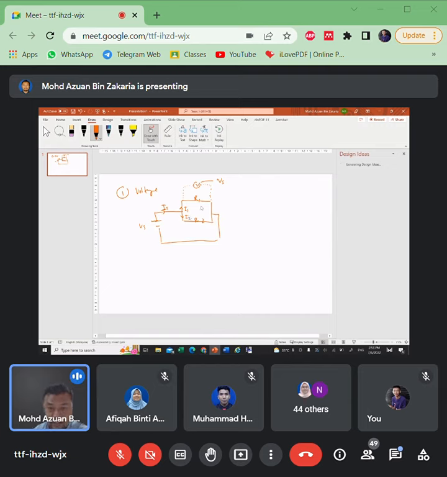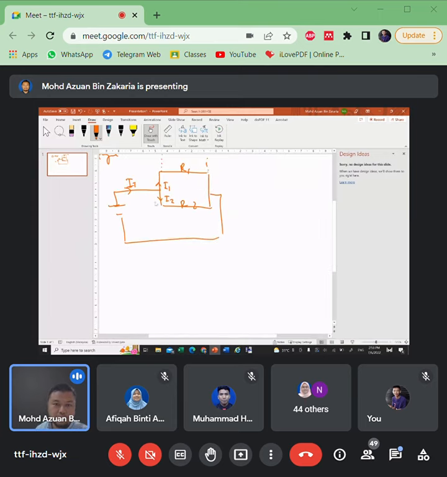If the resistance is different, the current flow to each branch also will be different. But I1 plus I2 equal to I total. This sum is actually this, because it has branch, it will flow separately, depending on the resistance, and combine again here, and then become I total again. All right.